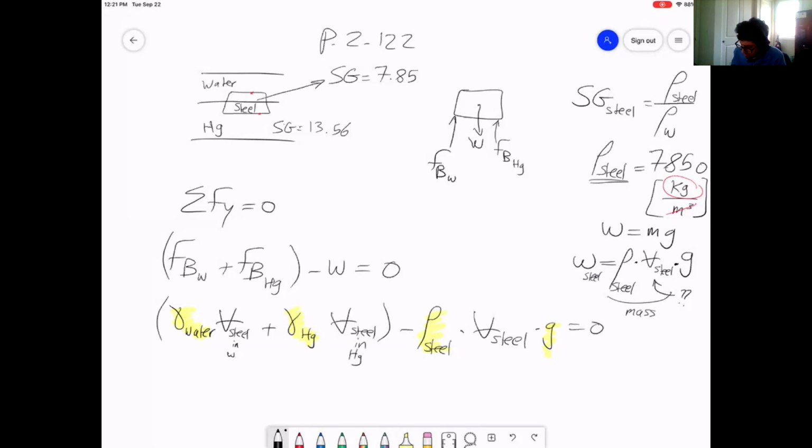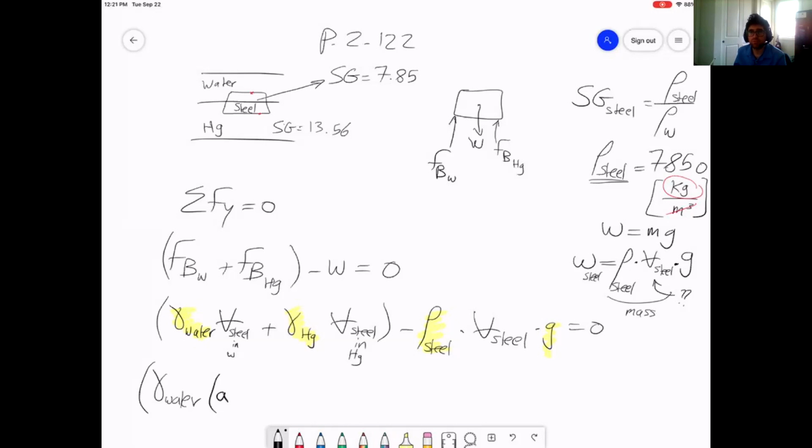Okay, so if we expand this one, let's leave it as gamma of water. And how would you find the volume of steel of the portion submerged in the water only? That would be A. Yes, you're correct, it is actually A times what?